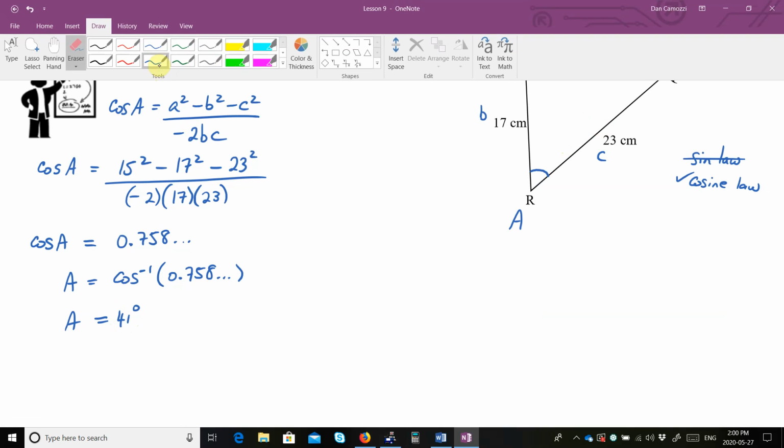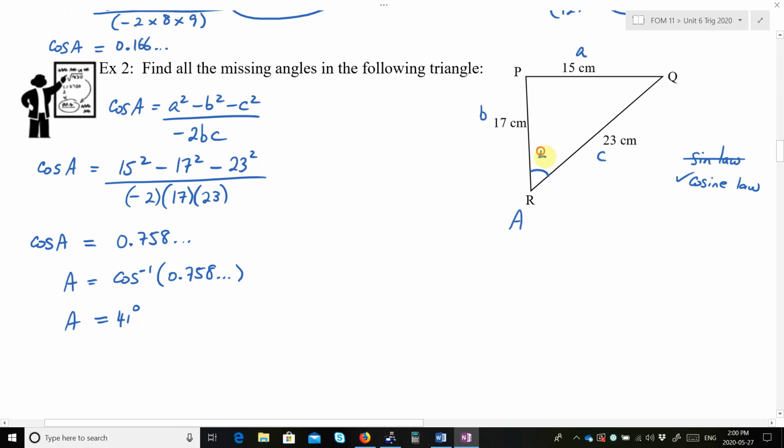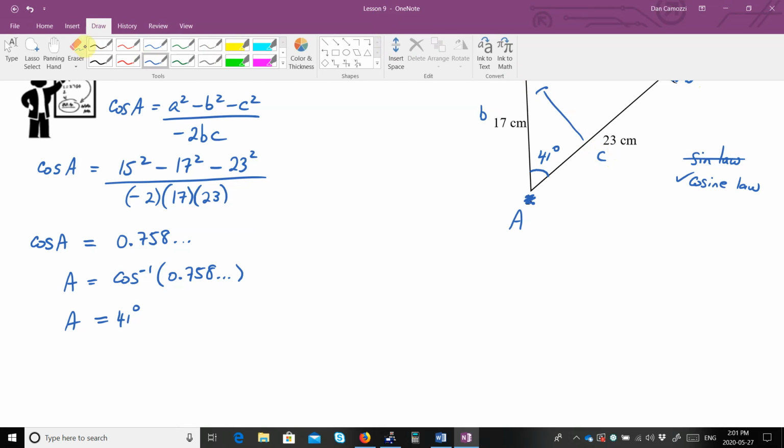Okay, so we now know that this angle right here is 41 degrees. And since I've relabeled the triangle as this as angle A, and I've got this side as being B, why don't I change the Q to angle B? And since this side is C, its friend angle over there is capital C, so we could do that.